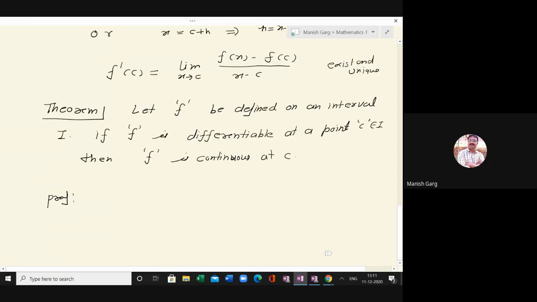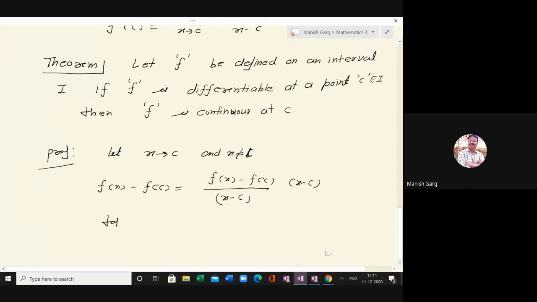The proof I am doing is a one-line proof. Let x tend to c and x not equal to c. So what is f(x) minus f(c)? You can write f(x) minus f(c) divided by x minus c, times x minus c.